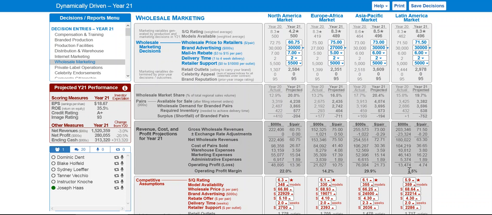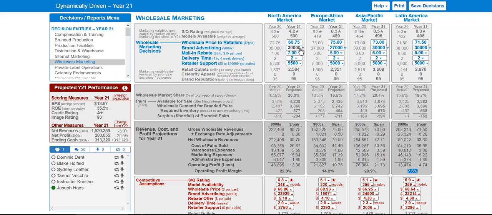There were times when the exchange rates were so crazy that we were being a negative in this area. I remember Latin America, I think it was year 13, we were negative over here. So we had to get real creative in order to bring up our profit margin in this area.